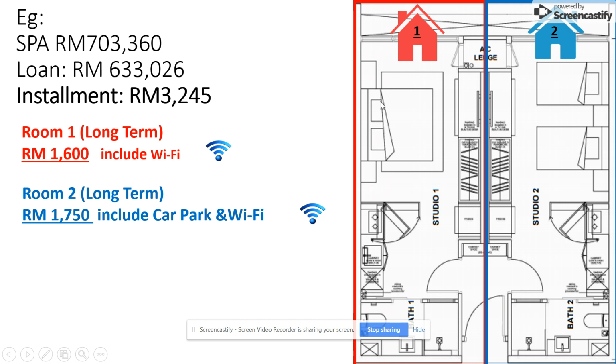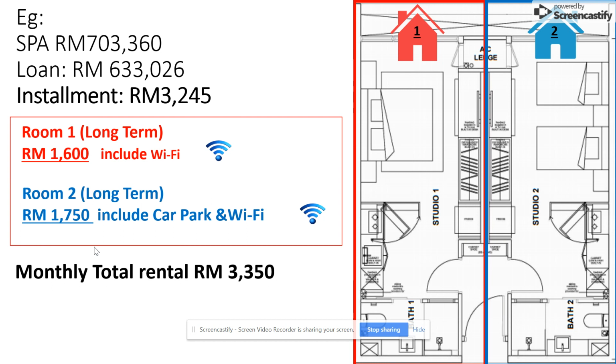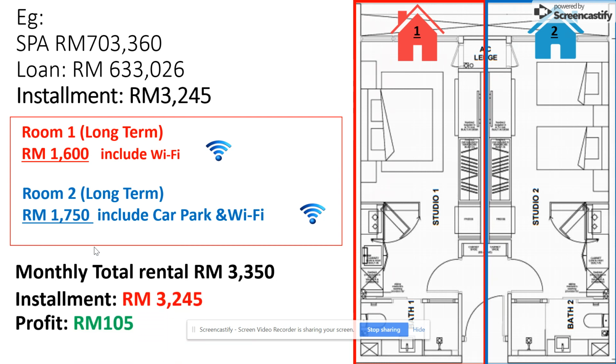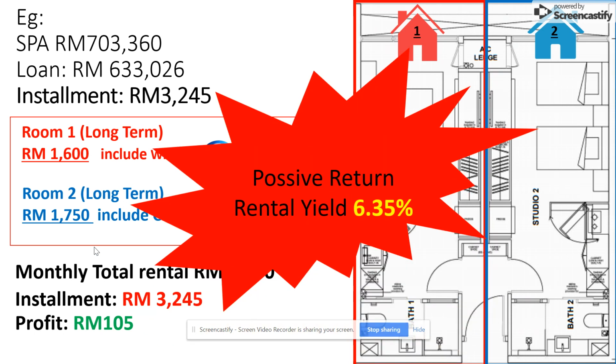So property investment is always about creativity sometimes. So what I'm getting here is 3,350, and that gives me a positive cash flow of 100 over. It's not too bad. So this will give you a rental yield of 6.35%.